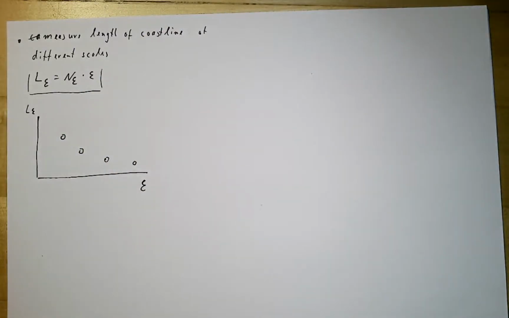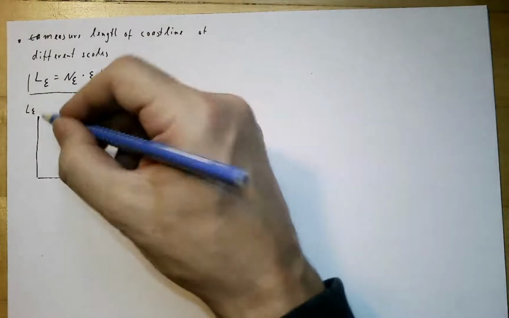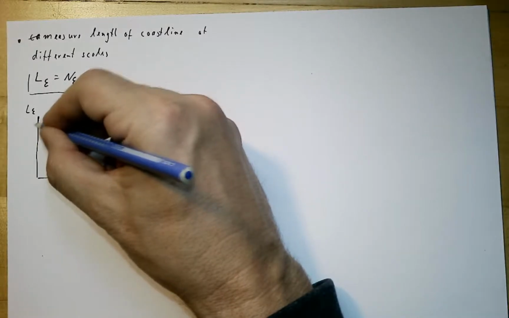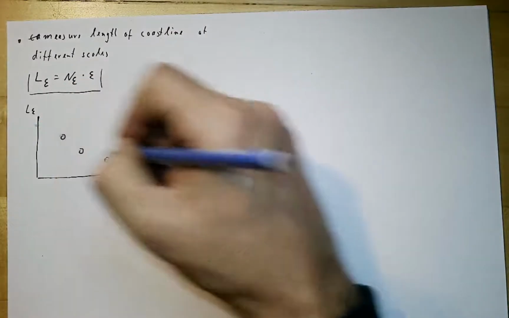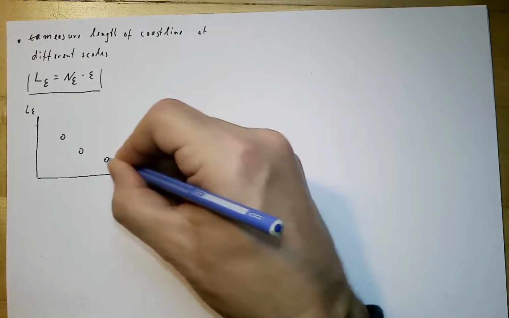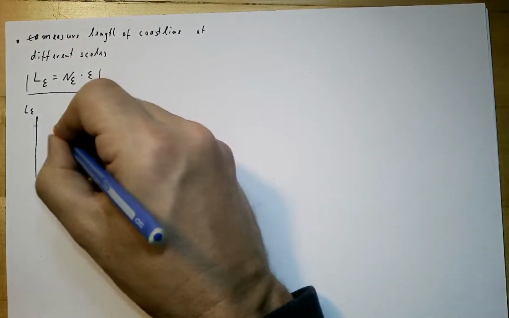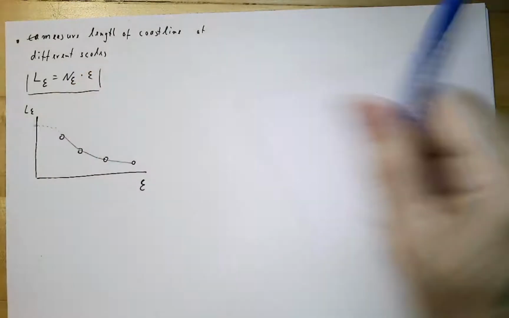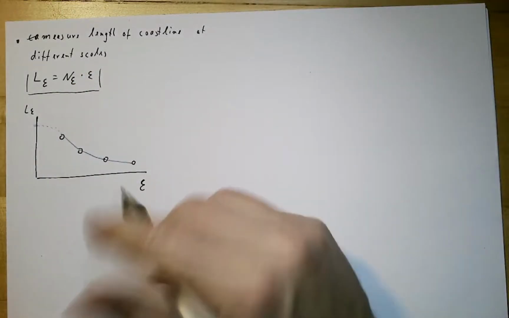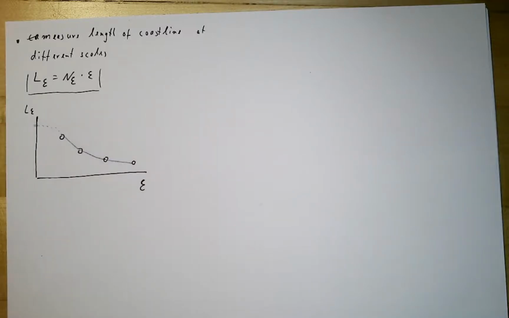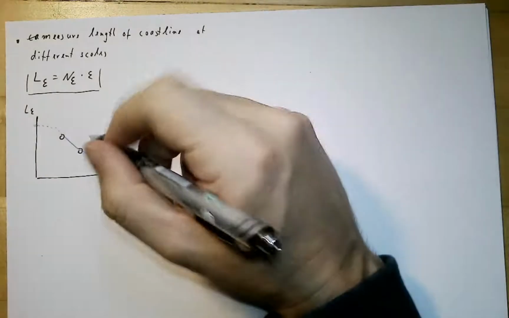And now the natural idea would be, okay, but that's the true length, and then hopefully if we follow this line, and if we make our scale small enough, we should come eventually to the right length of the coastline. Yeah? I mean, that was all the intuitive expectation.